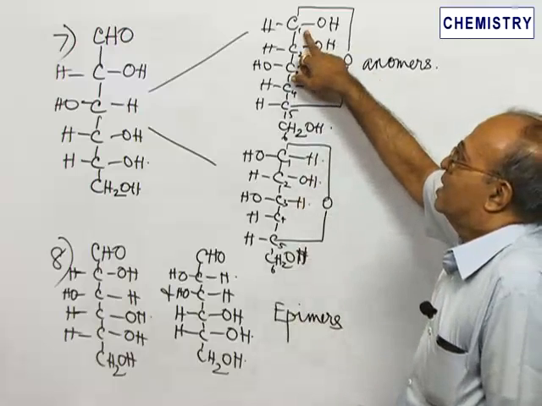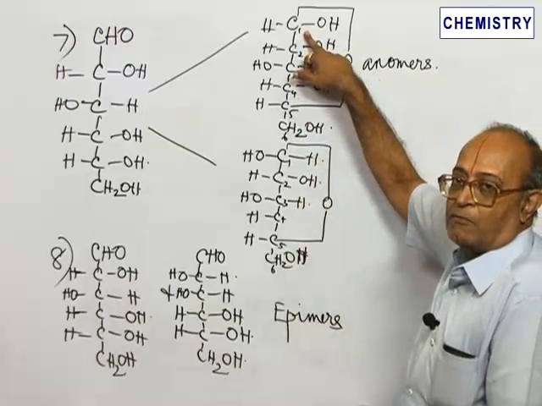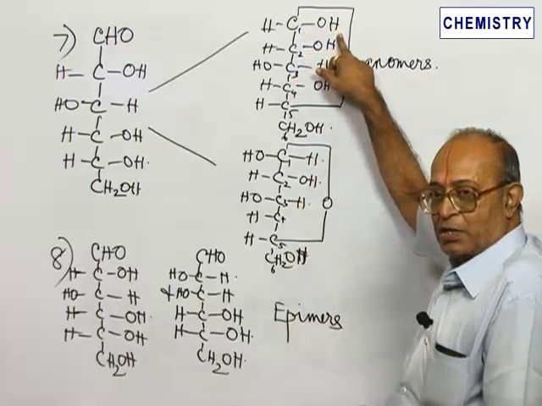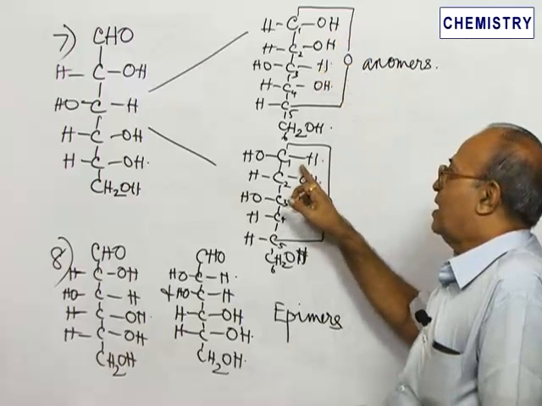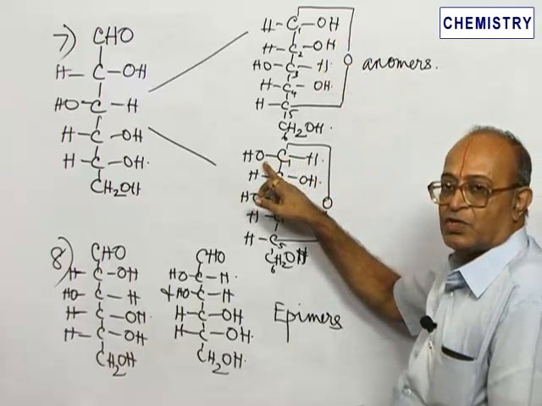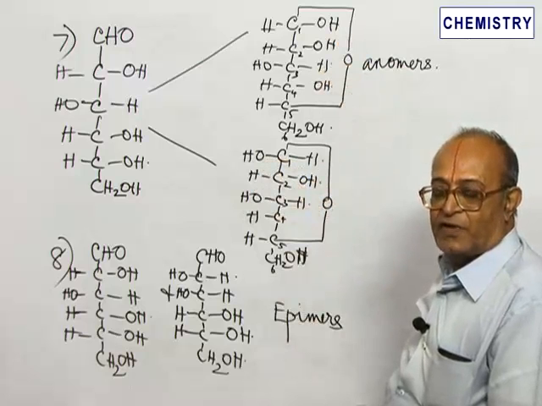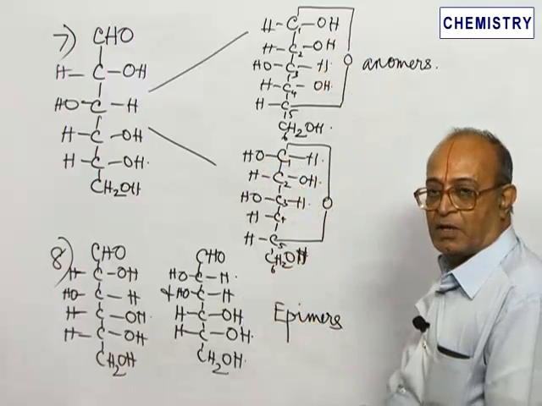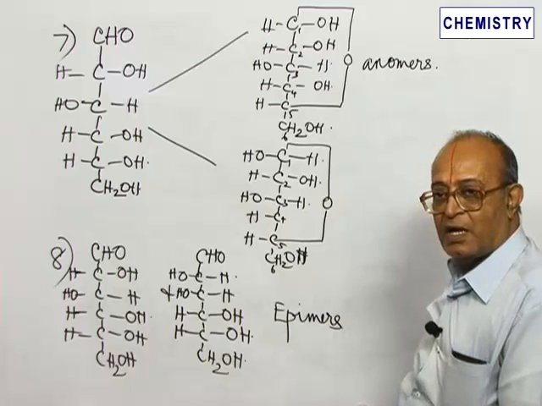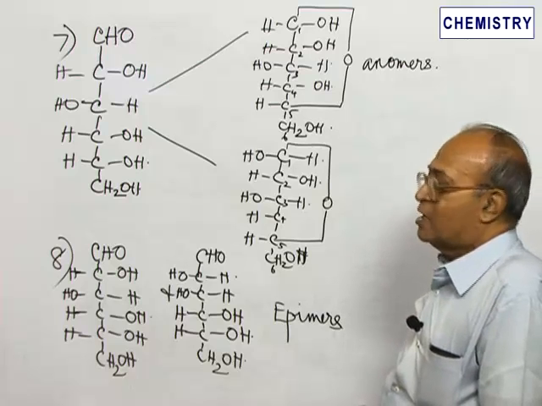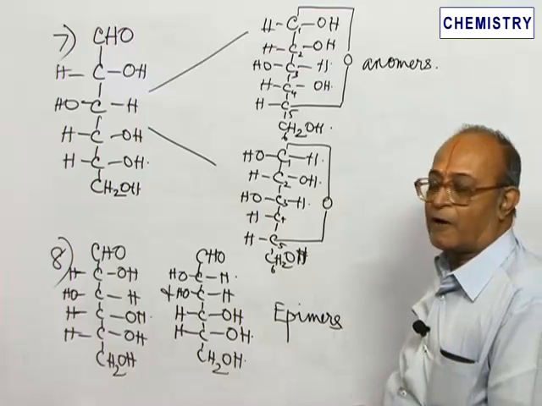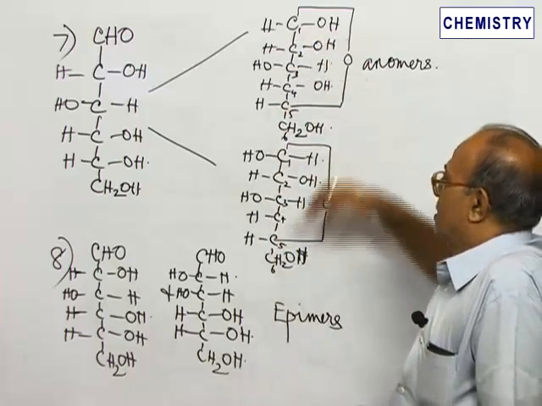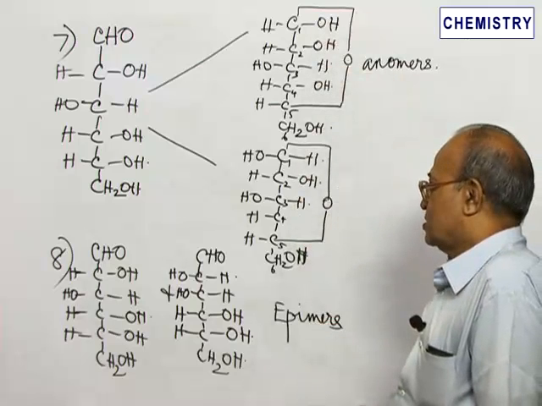That is, at carbon number 1, in one isomer the OH is on the right hand side, and in the second this OH is on the left hand side. Except this difference at carbon number 1 configuration, all the rest will be similar in these 2 cases.